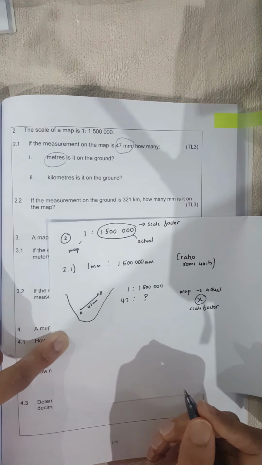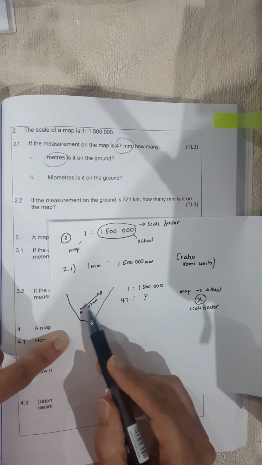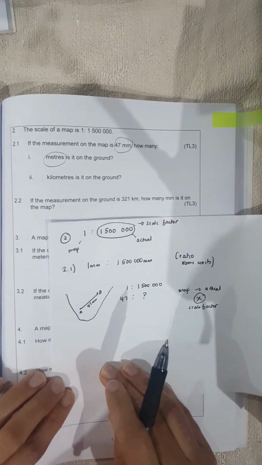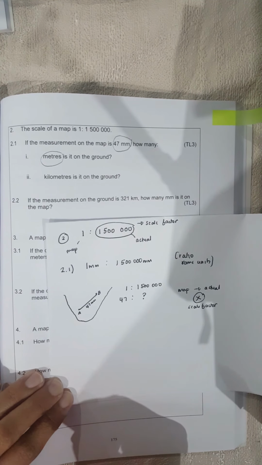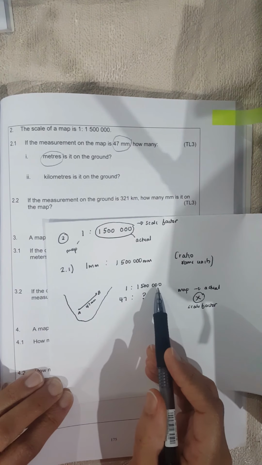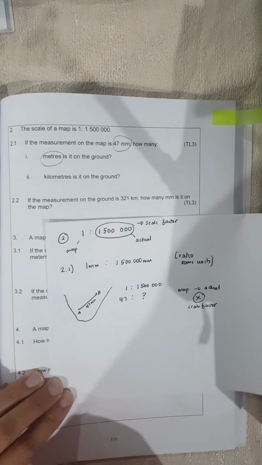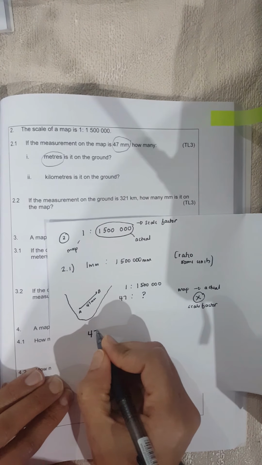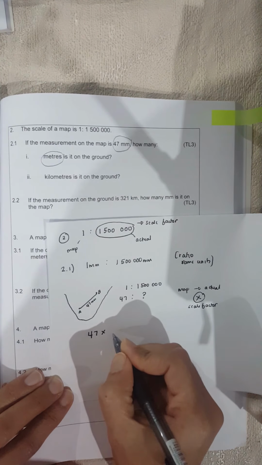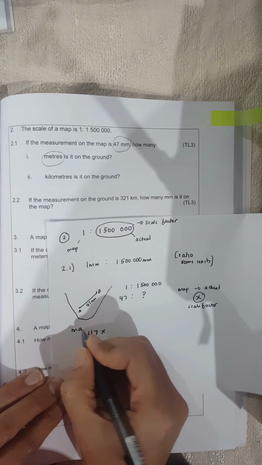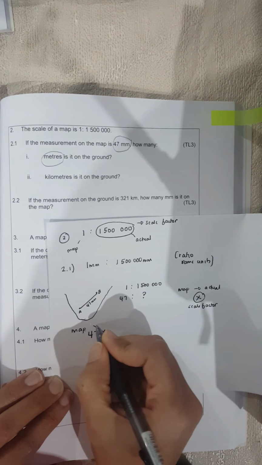Initially, just do it from memory, and I promise you later on it's going to become so simple for you. You're just going to be able to visualize it, and you'll know that it's obvious. If 1 is 1.5 million millimeters, I'm going to say 47 times that 1.5 million scale factor, and I'm going to get my answer. So I say 47 multiplied by my scale factor, which is my map measurement multiplied by my scale factor.